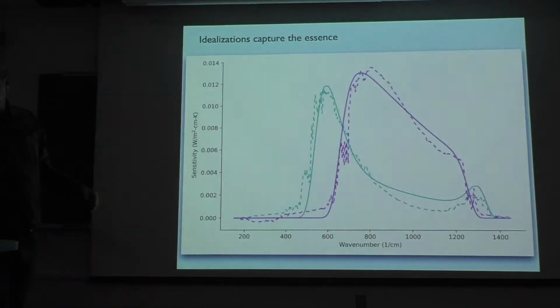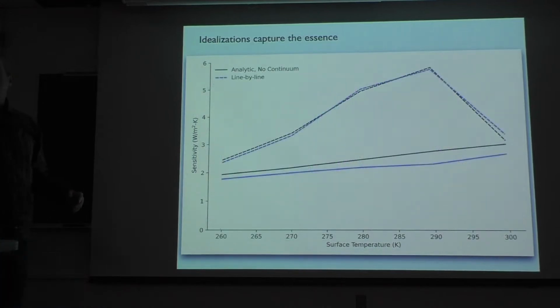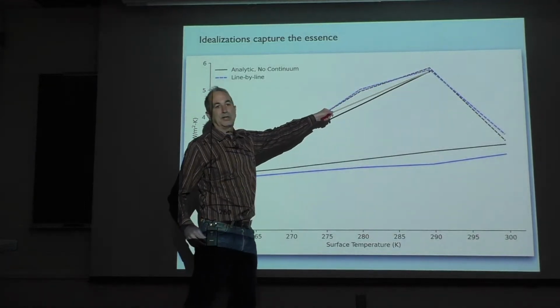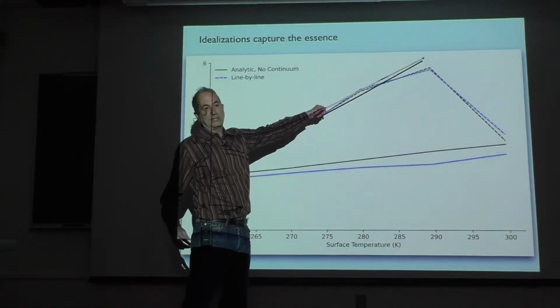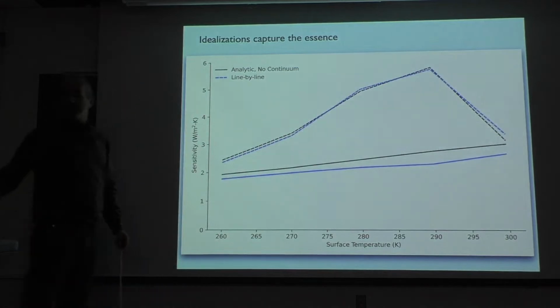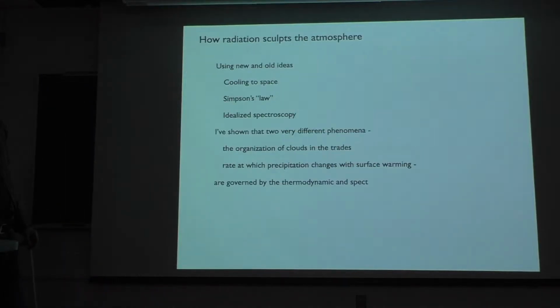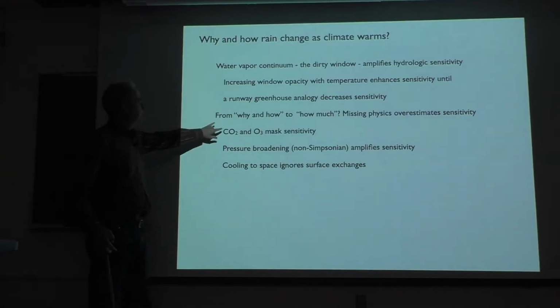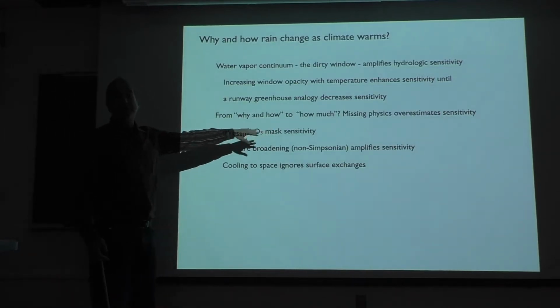If you went back and tried to translate these values into percent per Kelvin, you're up at about 8% or 7% per Kelvin here. So these are big overestimates. Some of what's missing there is masking by carbon dioxide, by ozone, by clouds, which I haven't put there.